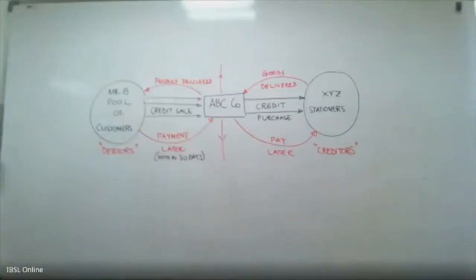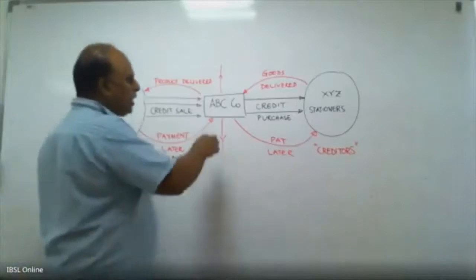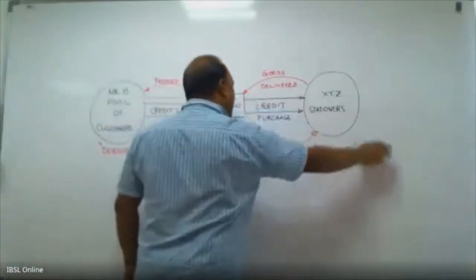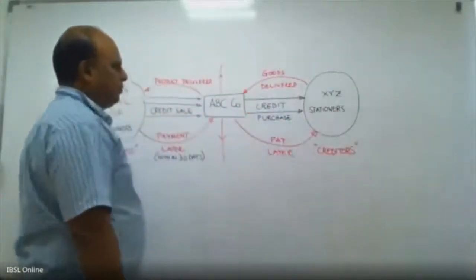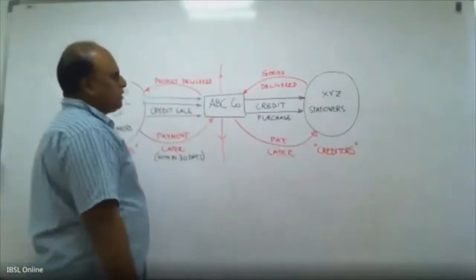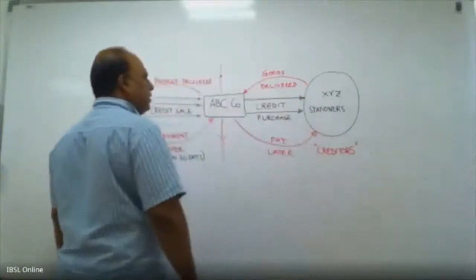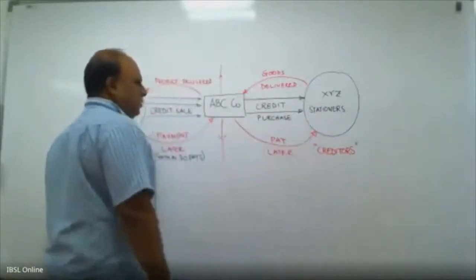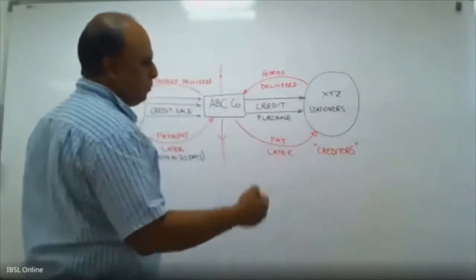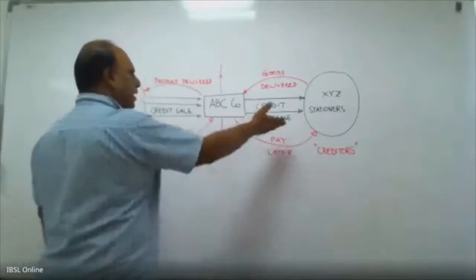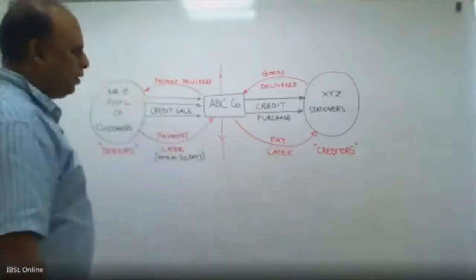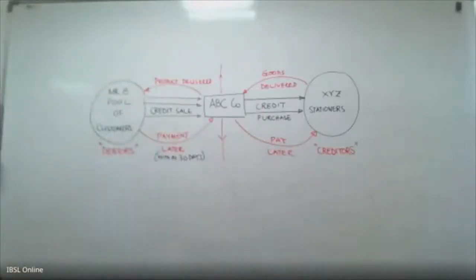Now similarly, ABC company also will enter into various types of transactions. One of such transactions is where they are buying stationery in bulk. Because when you purchase one A4 packet, you will pay cash and buy it. You will not go and ask for this one A4 packet on credit. It doesn't make sense.